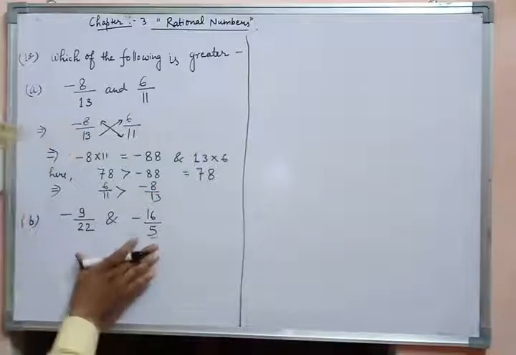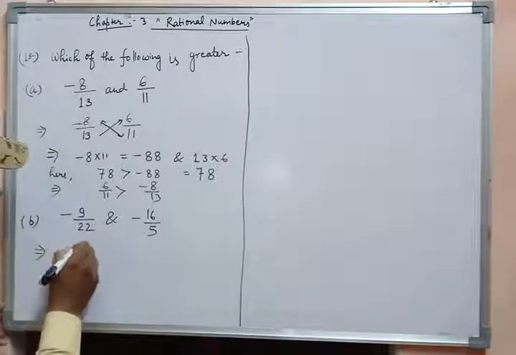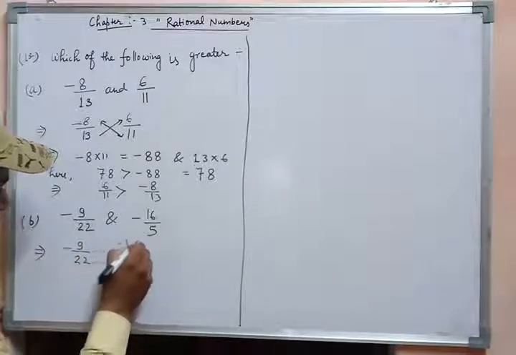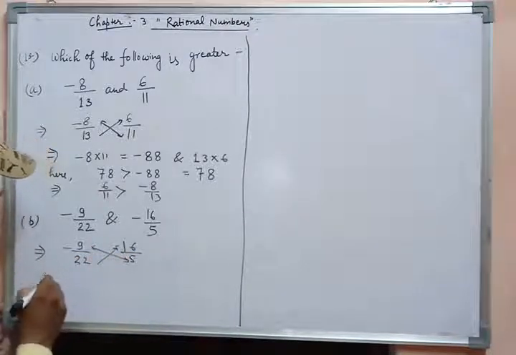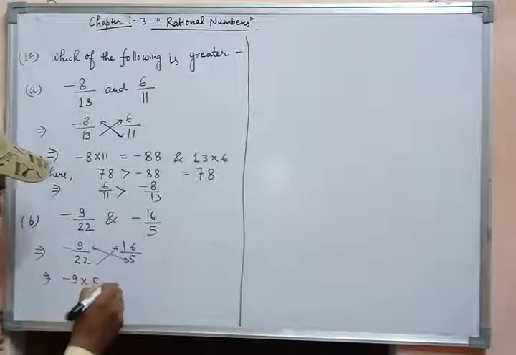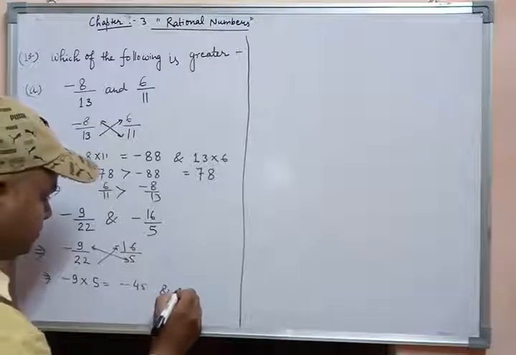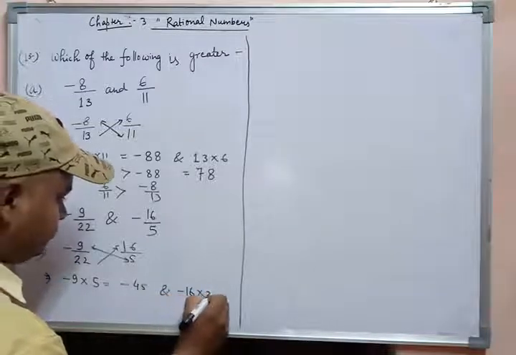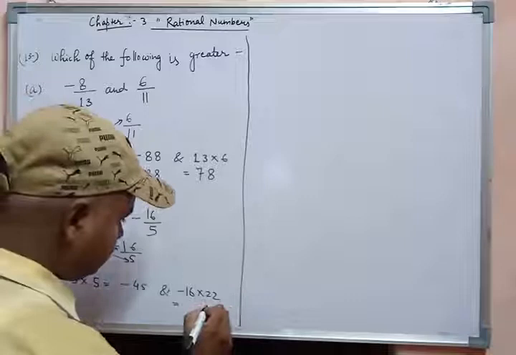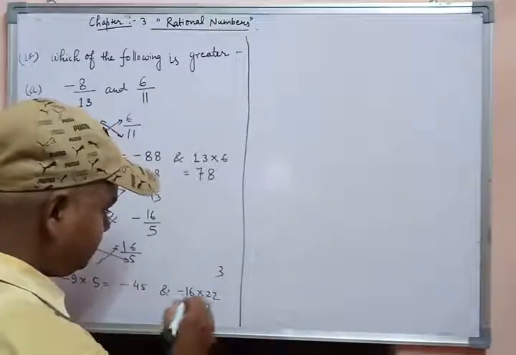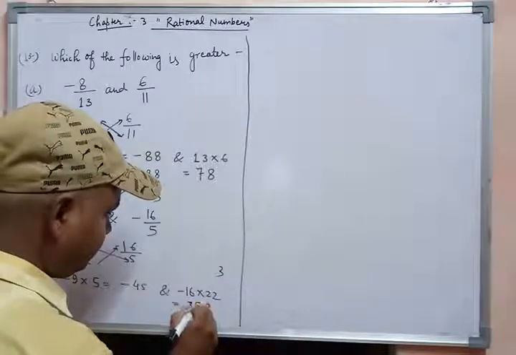In the same way we can apply this cross multiplication method to minus 9 upon 22 and minus 16 upon 5. Then minus 9 into 5 is equal to minus 45, and minus 16 into 22, you will get 16 2s are 32, carry, 16 2s are 32 and 3 is 35, so minus 352.